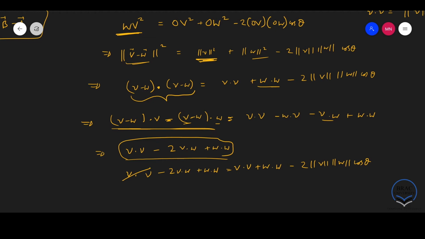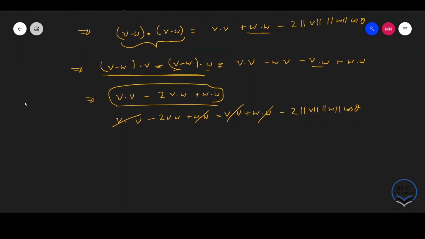So obviously these can cancel out, and we have minus 2 on both sides, so these negative signs and 2 cancel out. So ultimately we are left with this.